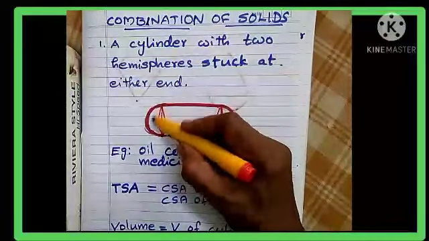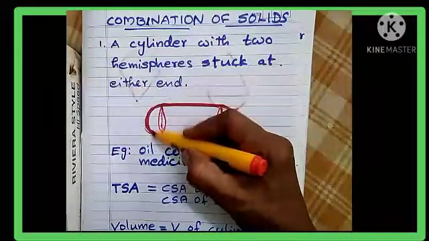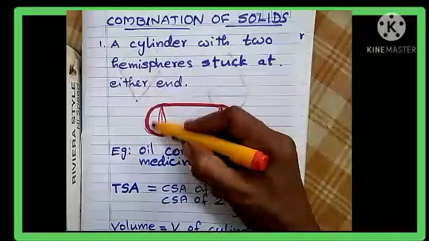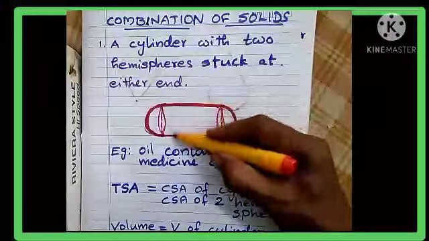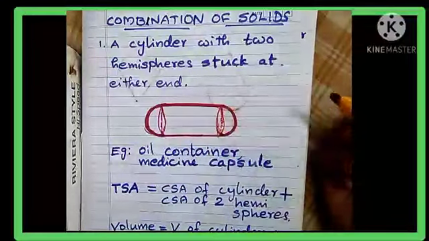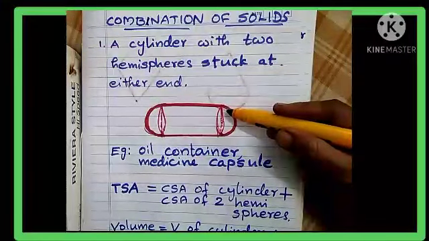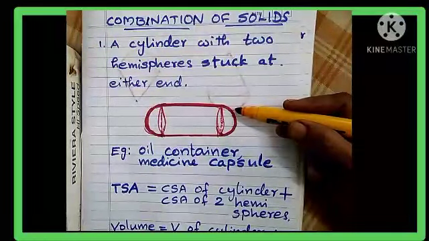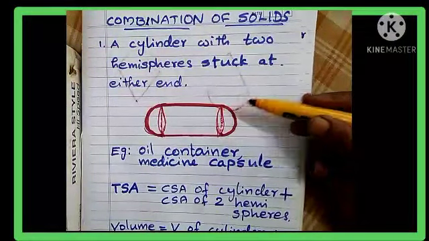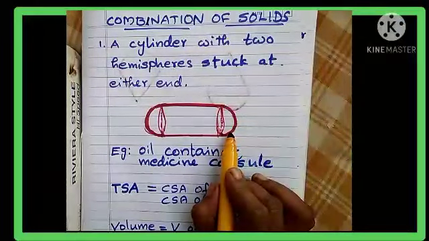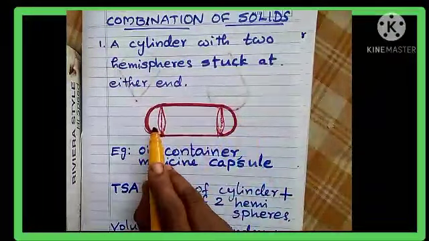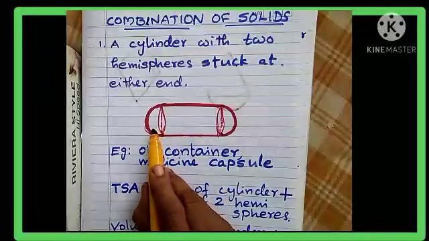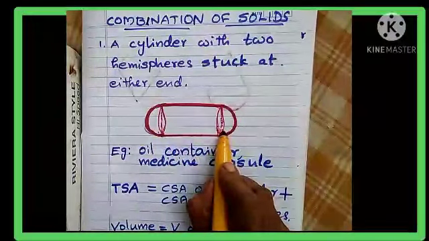So for this hemisphere portion, we need to paint the curved surface area. For the cylinder also, the curved surface area we need to paint. And for this hemisphere also the curved surface area. Understand? So the TSA of the shape, which is the same as the CSA of the cylinder and the CSA of these two hemispheres.